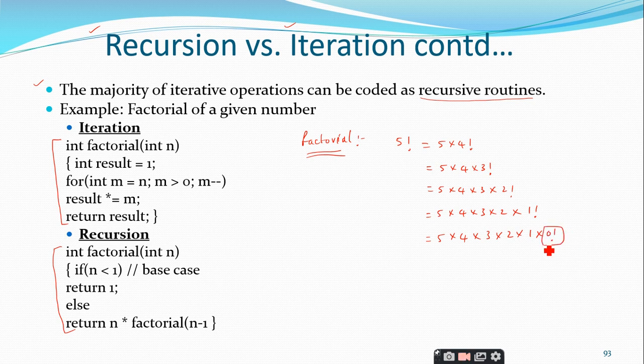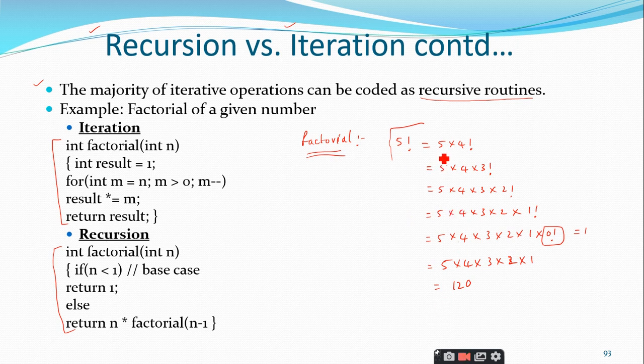We know that 0 factorial is equal to 1. Therefore, this is equal to 5 multiplied with 4 multiplied with 3 multiplied with 2 multiplied with 1. So this is equal to 120. This is the logic behind finding the factorial of a given number.